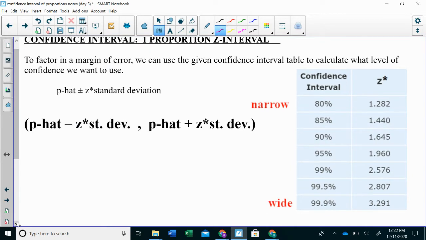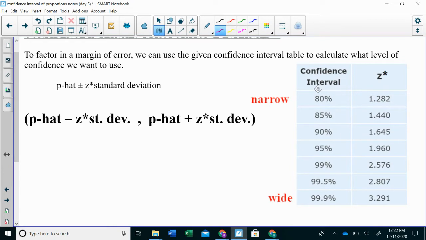Now, to account for and factor in a potential margin of error, if you look at the confidence interval table, for 95% we can actually use the decimal 1.96 instead of the full 2. That just allows a little bit of a margin of error.